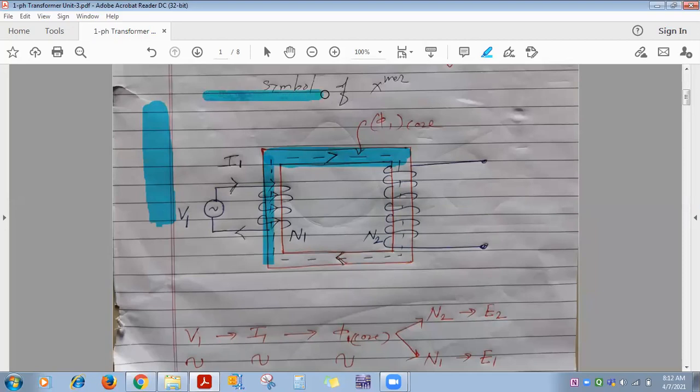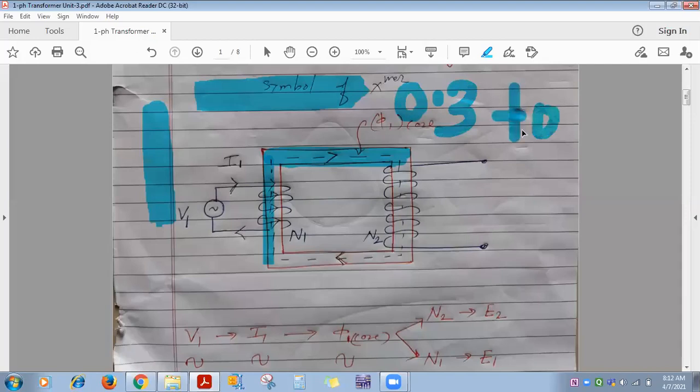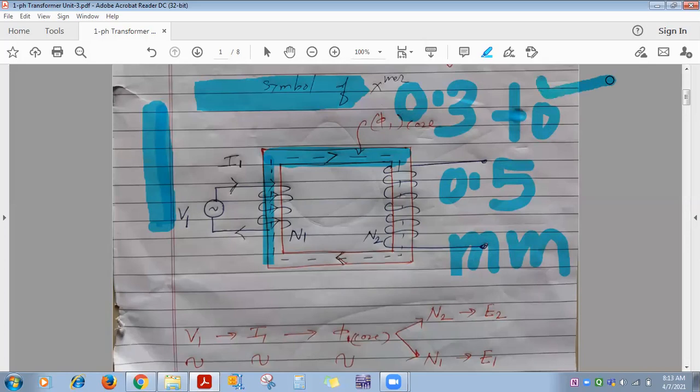Like this, thin plates of thickness 0.3 to 0.5 mm are manufactured from silicon steel, based on the dimensions, vertical and horizontal.